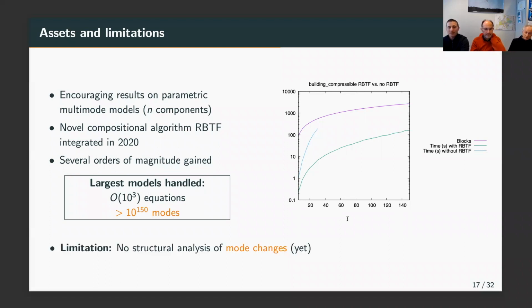The main current limitation of the tool is that there's as yet no structural analysis of mode changes implemented, but algorithms are in the works in the team, and this is where I let Albert present our work on the mode changes.